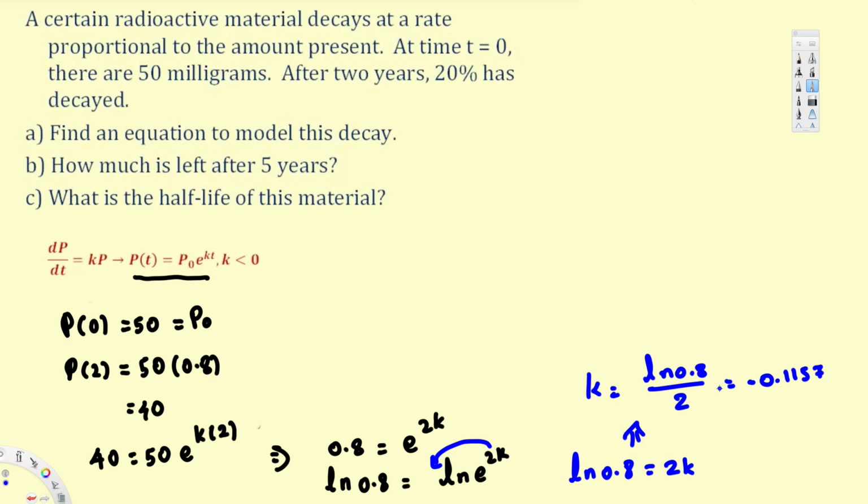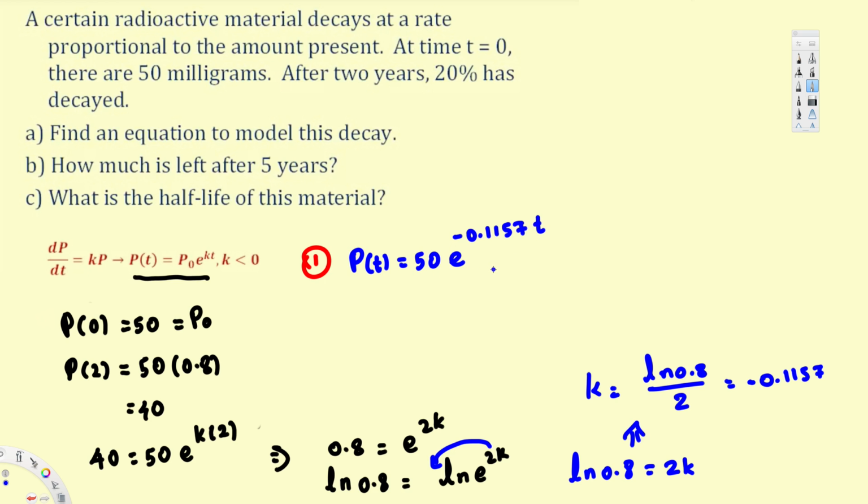Now we can go ahead and express the equation. This is the answer for the first question: P of t is equal to P0, and P0 in our case is 50, times e to the power k value we figured out, negative 0.1157 times t.